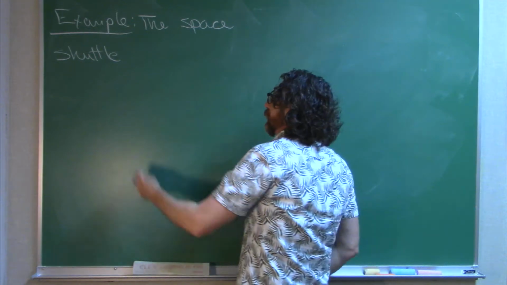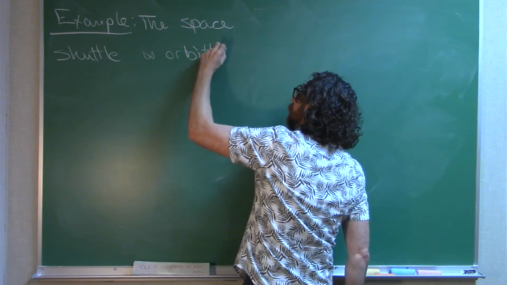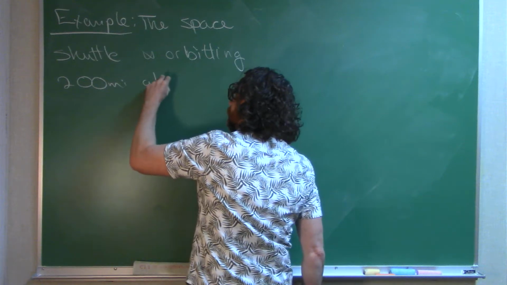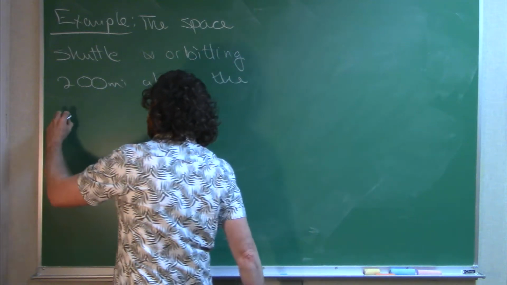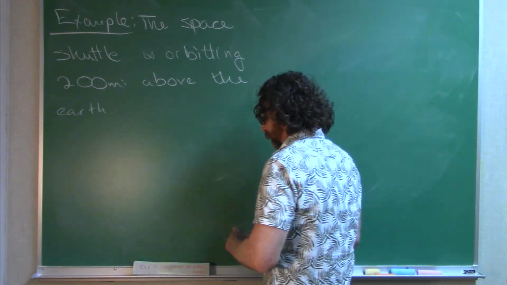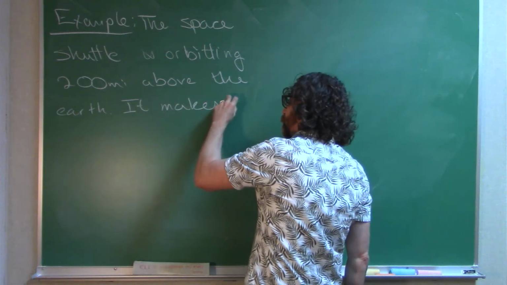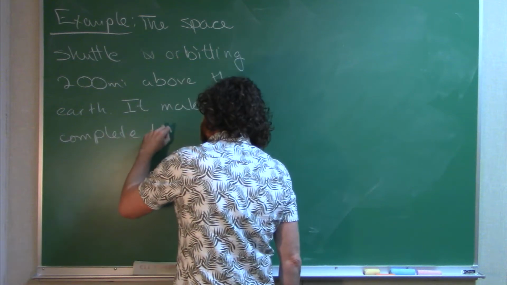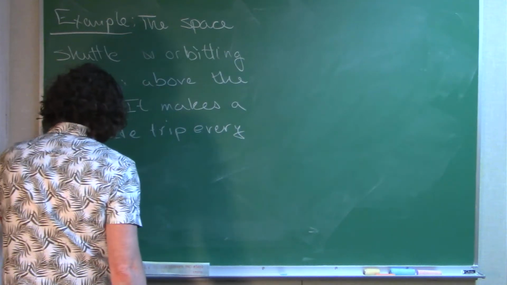So the space shuttle, let's imagine the space shuttle is orbiting the Earth, 200 miles above the surface. It makes a complete trip every 6 hours.